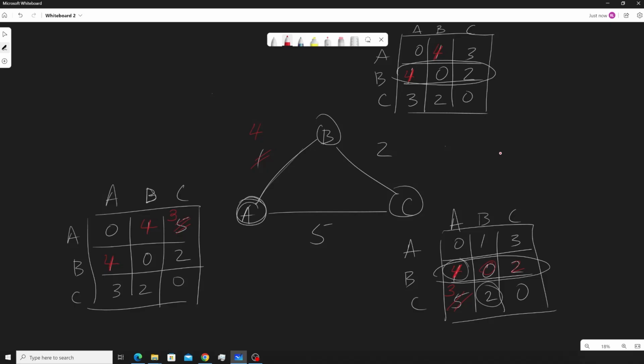Although this convergence can take a very long amount of time due to things like the count to infinity problem, where it's possible for a value to be advertised that uses an intermediate node.